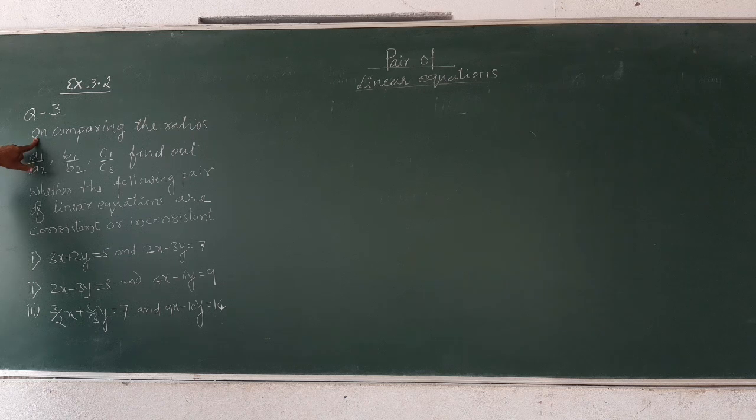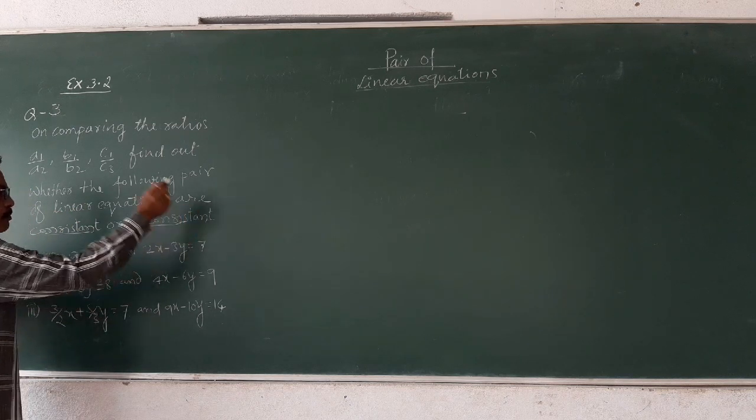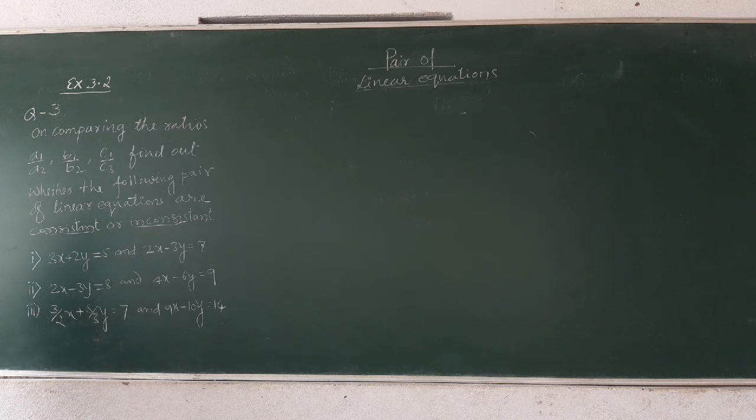On comparing the ratios a1 by a2, b1 by b2, c1 by c2, find out whether the following pair of linear equations are consistent or inconsistent. Consistent or inconsistent means we have to find out the conditions for the ratios that we have learnt in the previous classes.